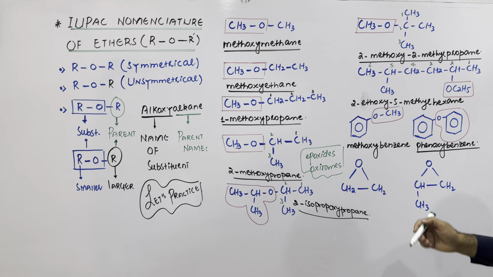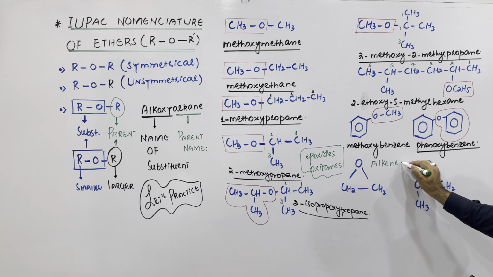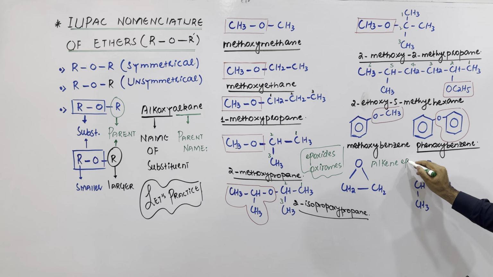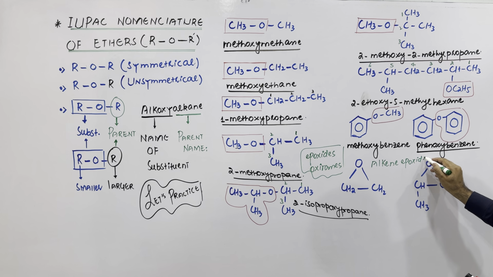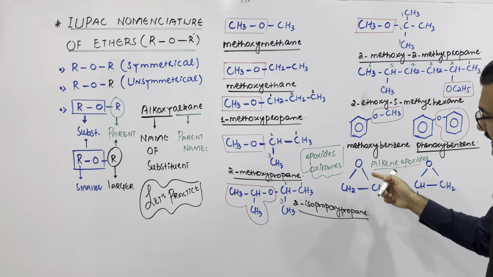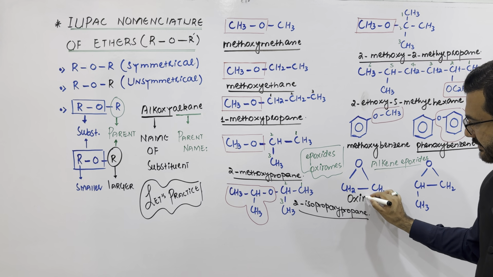So that's why sometimes they are specifically called as the alkene epoxides, just like you can see in the books, ethylene epoxide, propylene epoxide. All of these, they are prepared by the oxidation of the alkene. Now this one is the simplest of all the cyclic ethers, that is named as oxirane.